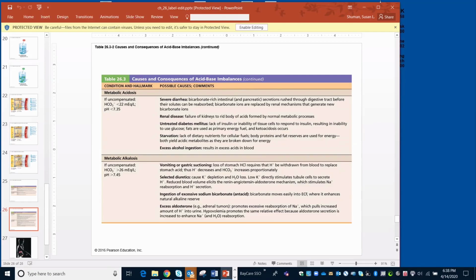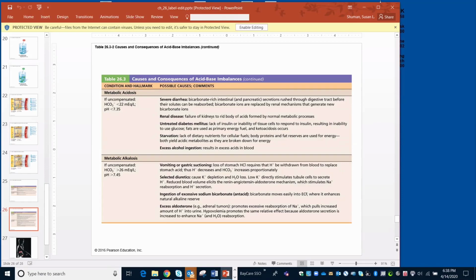The biggest thing to remember is that if both of them are going out of range in the same direction, one is compensating for the other, then you look at who would move that pH in that direction, either up or down. When we say both, are we talking about the carbon dioxide and the bicarb? Yes, ma'am.